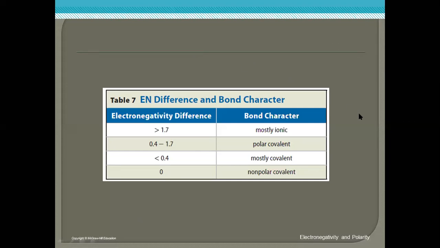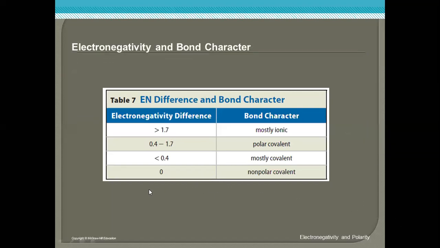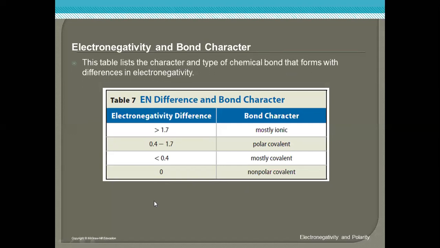Okay, let's begin. Difference and bond character. Electronegativity means what? This table lists the character and type of chemical bond that forms with differences in electronegativity. Electronegativity difference and bond: ionic bond, polar covalent bond, mostly covalent, non-polar covalent.